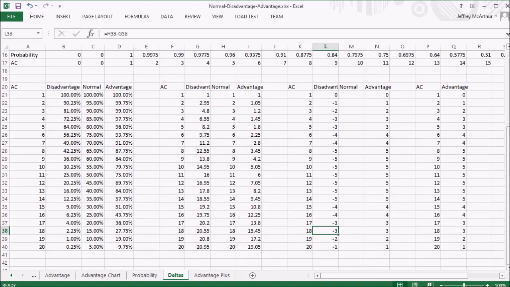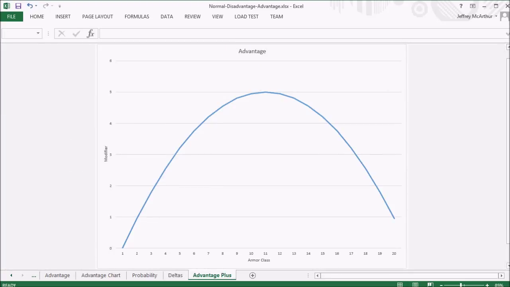So that gives you a comparison of 5th edition advantage and disadvantage against other editions. 5th edition uses, in theory, a more complicated process using the mathematical probability, but it really has some odd effects because it'll affect middle armor classes much more than it affects high or low level armor classes.